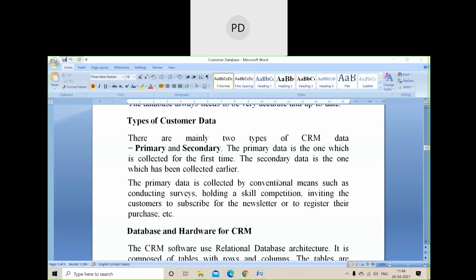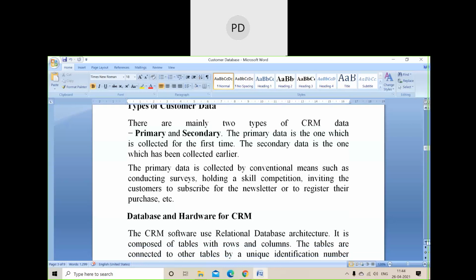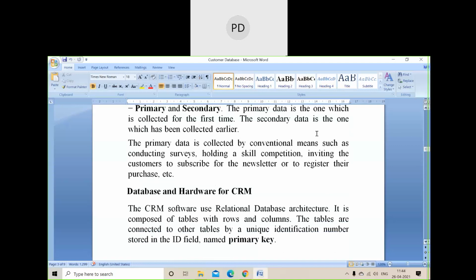Okay. So database and hardware, we talked about it in the previous class also. So in CRM apps or in CRM softwares, we follow a kind of structure for data. Okay, that is called relational database architecture. That means each data is related to another one.